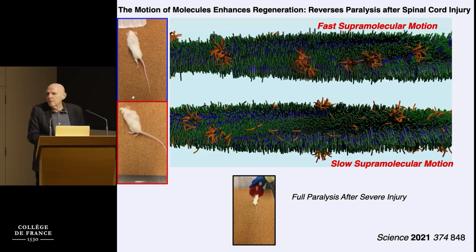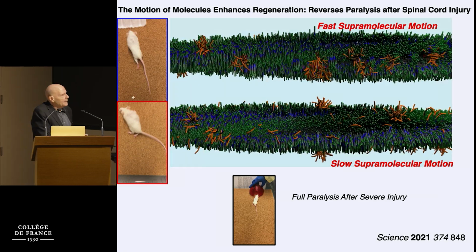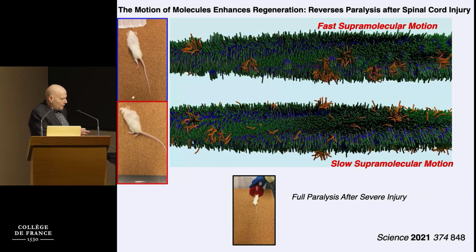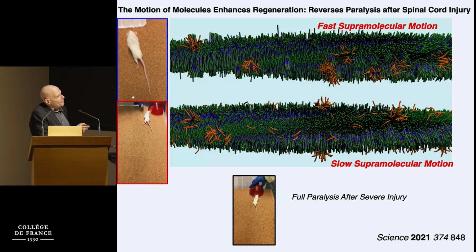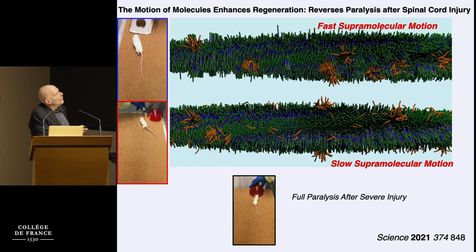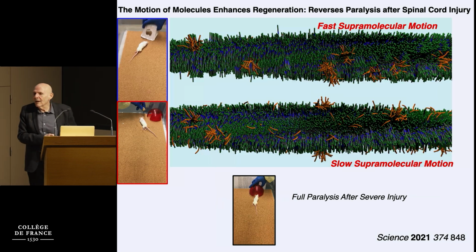And so then 4 weeks later, the fully paralyzed animal, if you inject the slow ones, you get a little bit of recovery in the hind limbs, a little bit, but not very impressive. But then if you inject the fast-moving system, then you get pretty much almost normal walking behavior.